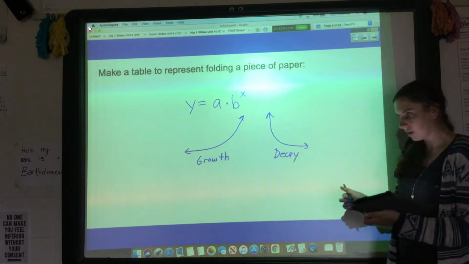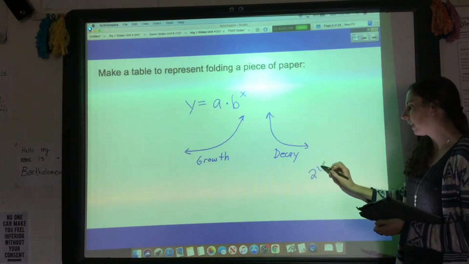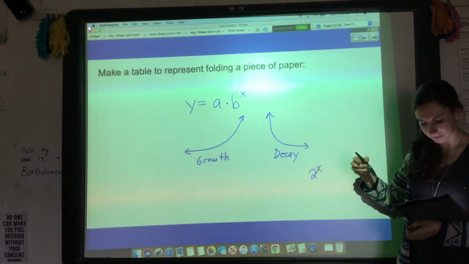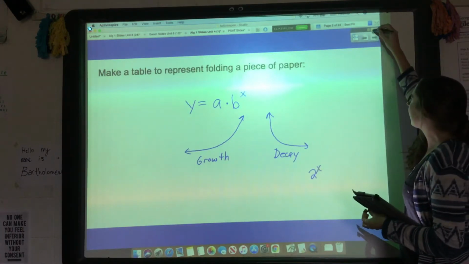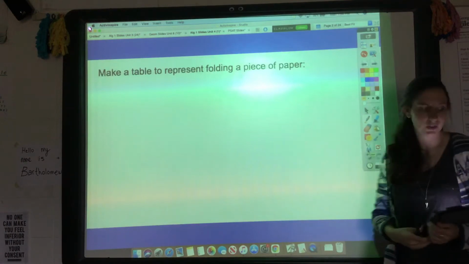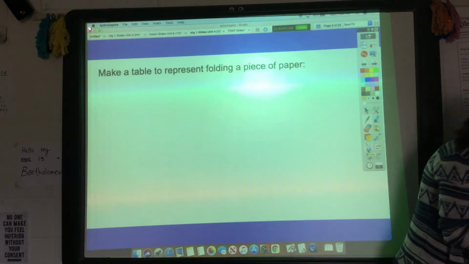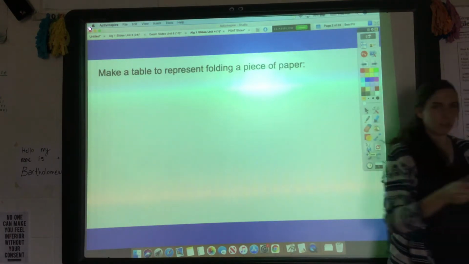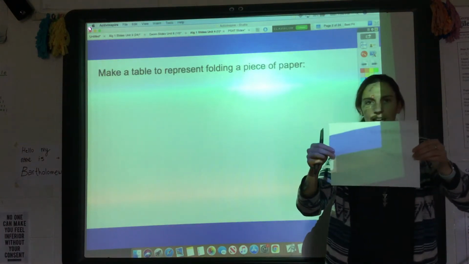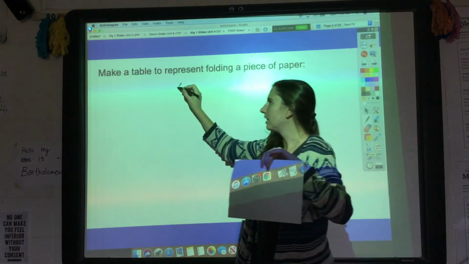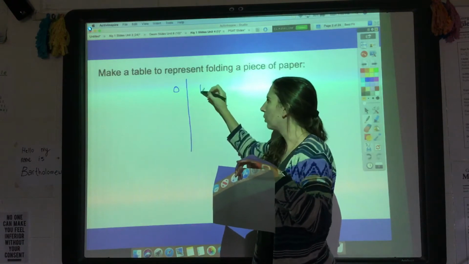You also saw in the video the graph of 2 to the x, which was that zombie equation. We're going to actually do that real quick with a piece of paper. So imagine you take a piece of paper. Currently, I have made 0 folds, and I have 1 piece of paper.